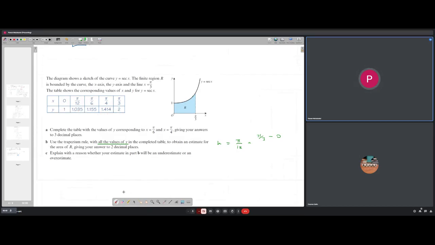So it's just pi over 3 minus 0 divided by 4. Does that make sense? So you're splitting up into 4 strips. You can also think of that as pi over 12. Is this making sense? Can you see there's 4 strips? So you understand h is equal to pi over 12, yeah?